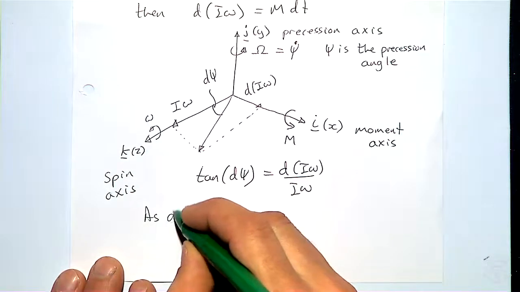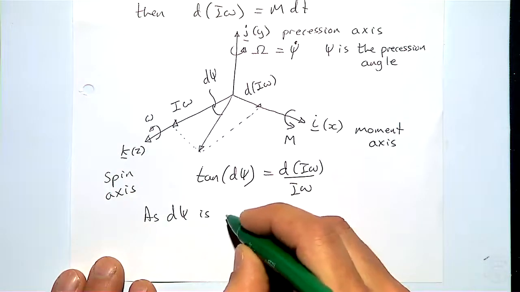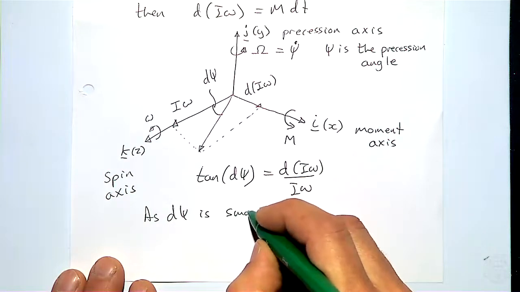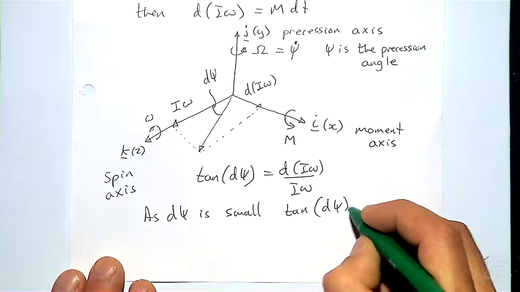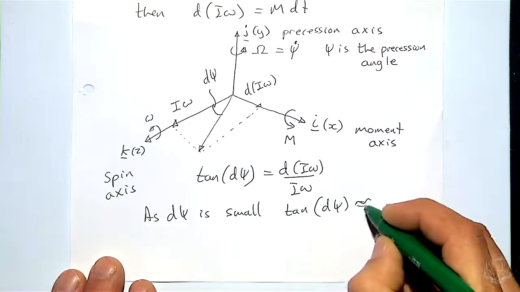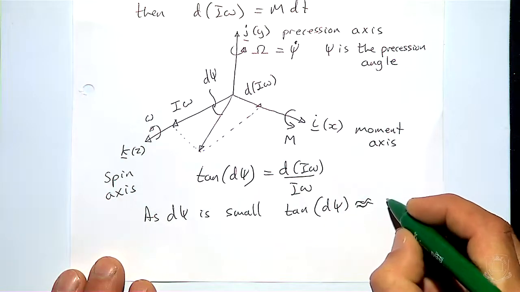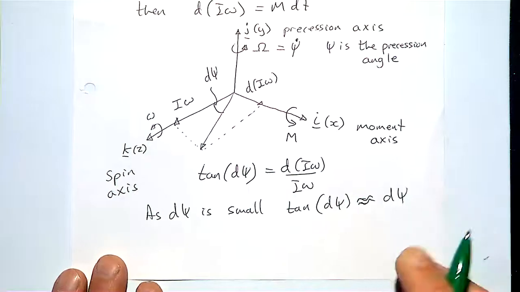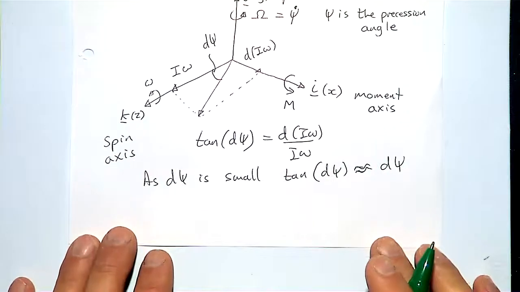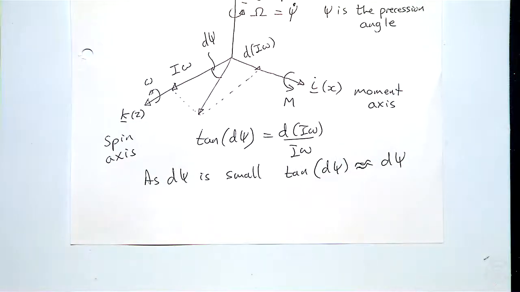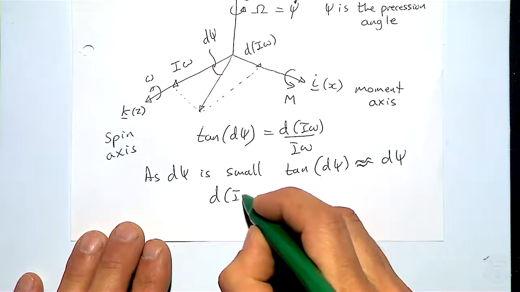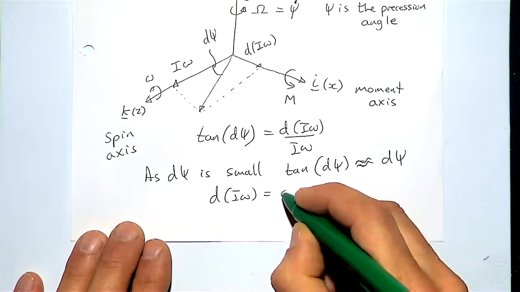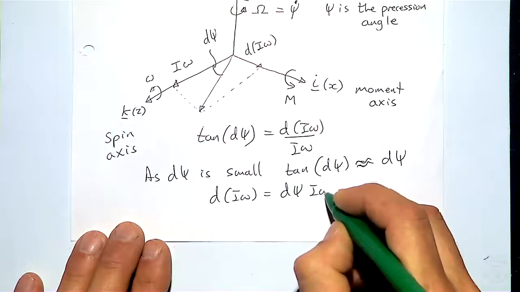So as d psi is small, the tangent of the small angle is just approximately equal to the angle, so they are approximate equal signs. So that gives us the relationship that dI omega is equal to d psi I omega.